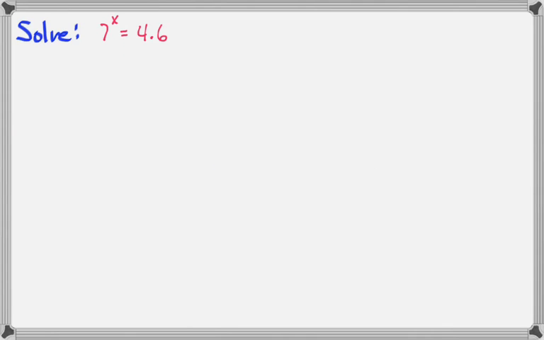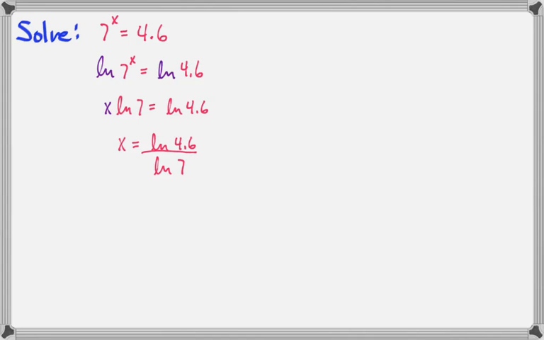Okay, another one. 7 to the x equals 4.6. Well, let's do the natural log of both sides. Use our power rule to move the x down to the front and divide both sides by ln 7. And then you can use your calculator. ln 4.6, close the parentheses, divided by ln 7 equals approximately 0.78.